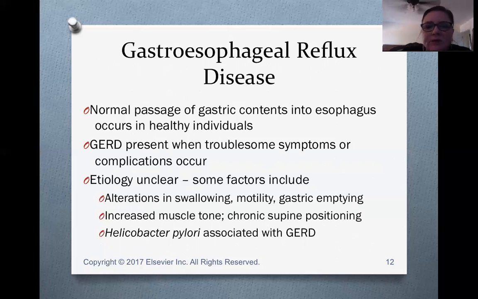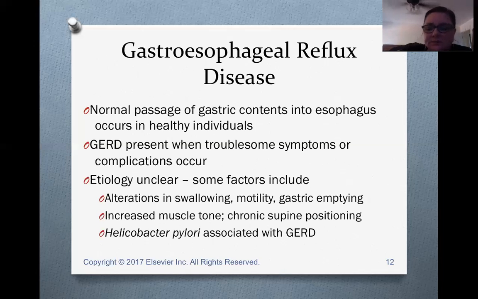But when that reflux becomes painful or causes weight loss or respiratory symptoms, or pain from esophagitis from the acid coming up, that's when gastroesophageal reflux moves to a gastroesophageal reflux disease diagnosis.